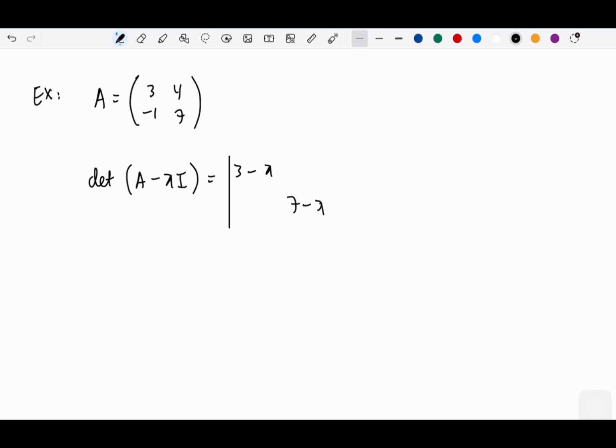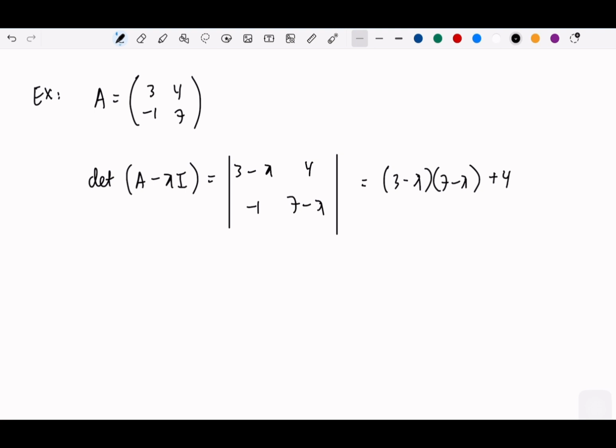So let me just give you an example, this 2 by 2 matrix. I think it should be simple. If we take the determinant to find the eigenvalue, then this will be 3 minus lambda, 7 minus lambda, and then 4, negative 1. So this will be 3 minus lambda times 7 minus lambda, and then minus 4 times negative 1, so plus 4.